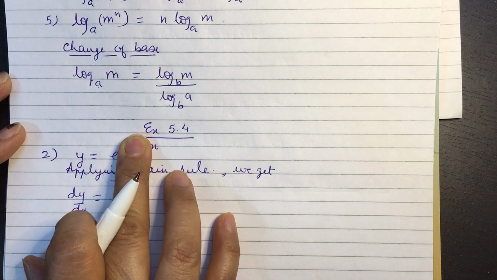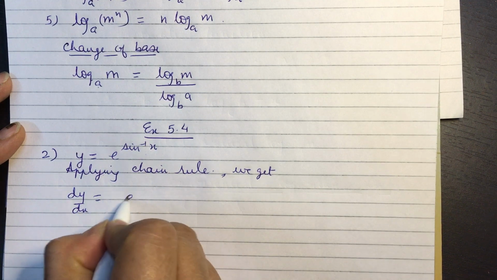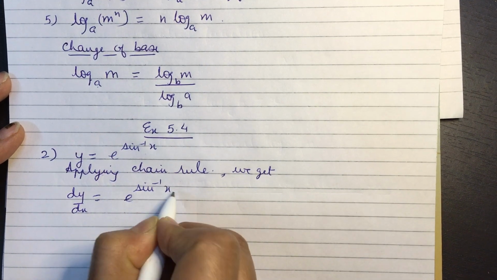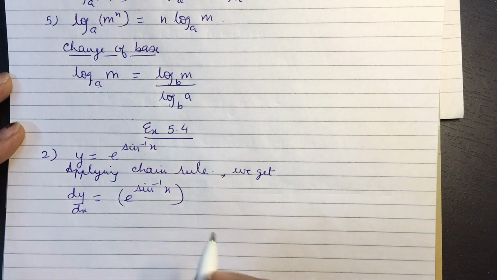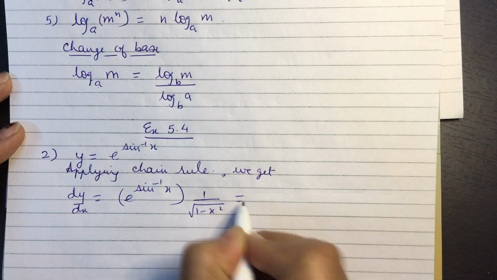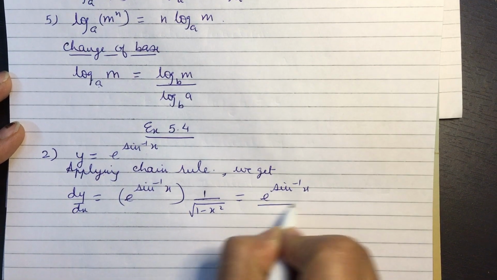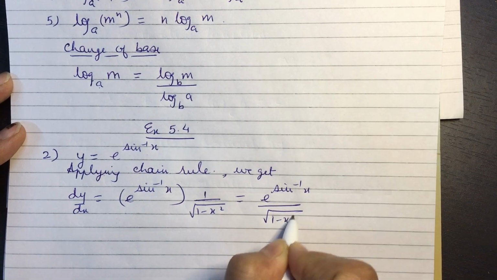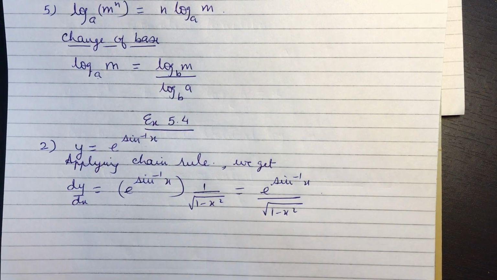E raised to something, the derivative is the same. So you write it as e raised to sine inverse x into, now you come across sine inverse, the derivative of sine inverse is 1 upon under root of 1 minus x square, and so the result becomes e raised to sine inverse x upon under root of 1 minus x square. Same way the third question can be done.